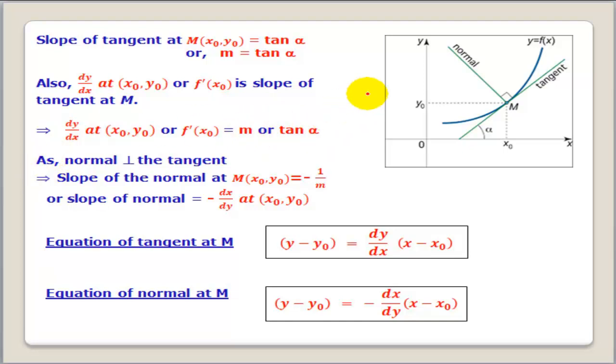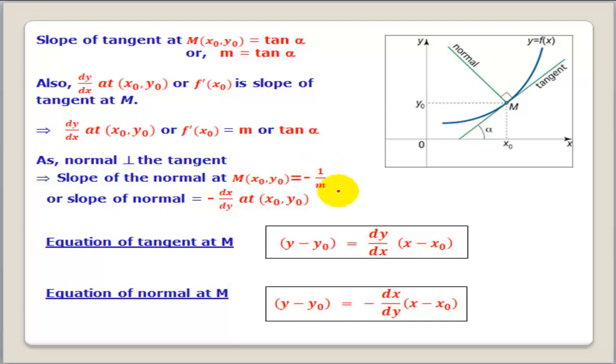Now as we have seen, normal is perpendicular to the tangent, so the product of the slope of normal and the slope of the tangent has to be -1. That means slope of the normal can be termed as -1 over m, where m is the slope of the tangent.